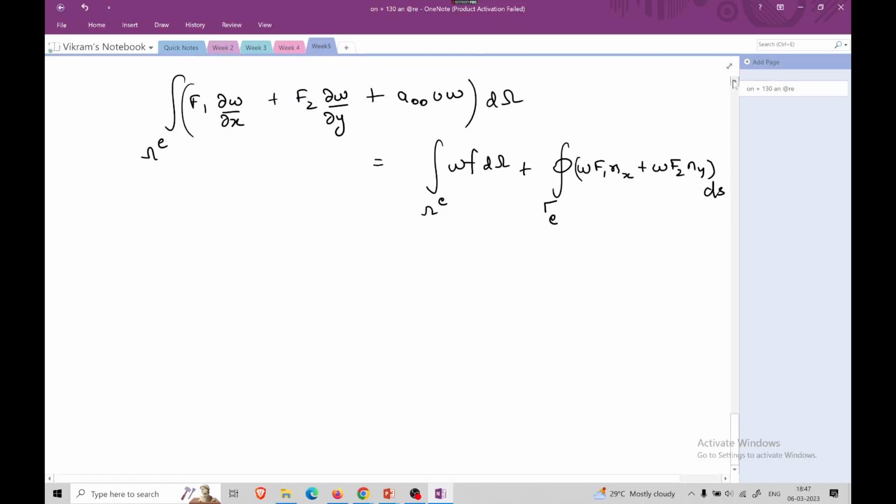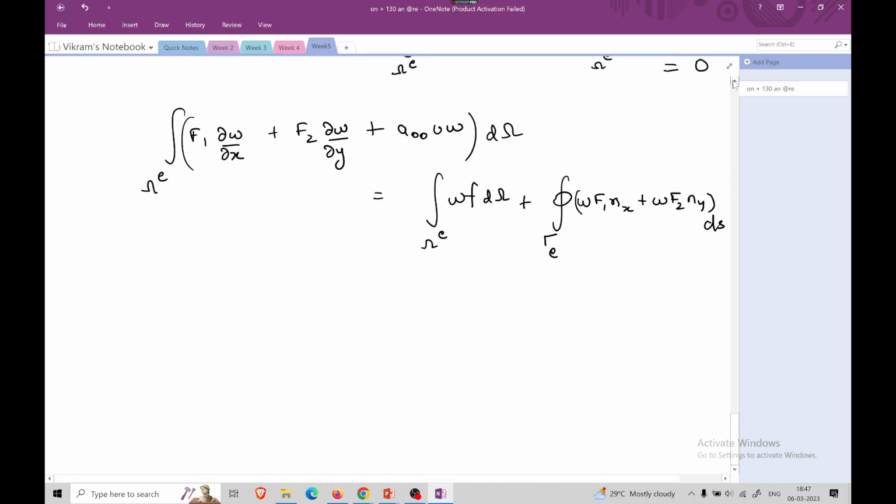So this is my weak form. The left side is related to the stiffness matrix, this is related to my force vector, and this is going to be my boundary terms.